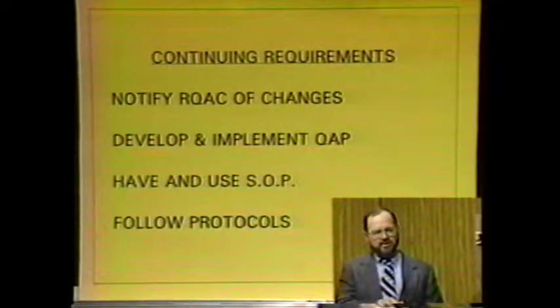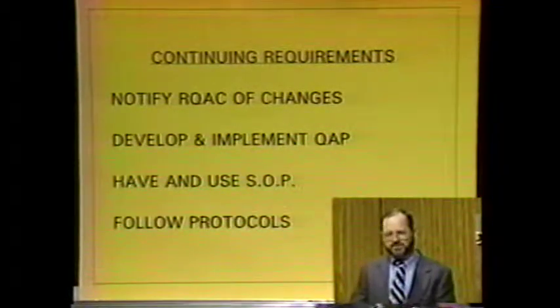Well, when you entered the RMP program, you already developed it. But because it says develop and implement the quality assurance plan, this becomes part of the continuing requirements as well. Same comment for have and use SOPs, standard operating procedures. And of course, you will follow the protocols. Anybody who's in the business is going to follow the protocols. There's a modest amount of protection in doing that.